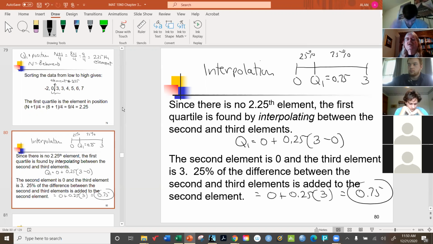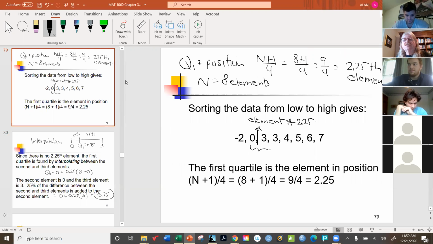So let's prove it. Let's go back and look at the original data. So let's say this turns out to be, as we've just seen, 0.75. 2 out of 8, or 25%, are below. Let me fix this drawing a little bit. 25% of the total, 2 out of 8, are below this number, and the rest, 6 out of 8, are above that number.